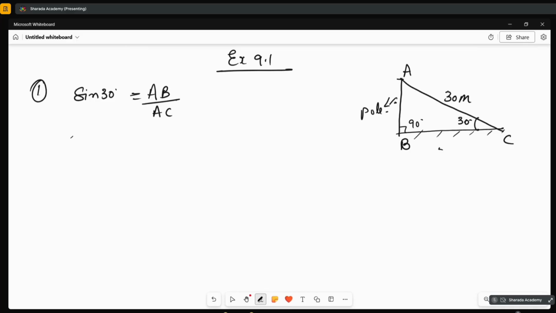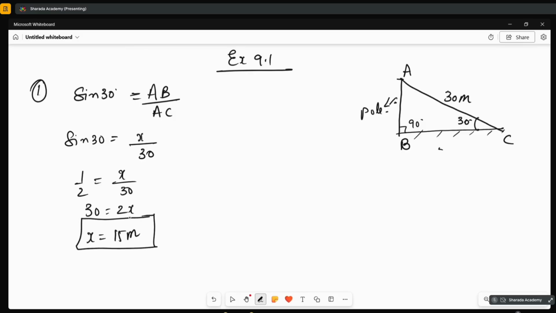So sine 30 degrees is equal to AB, which we don't know, that is x, by AC, 30. What is sine 30 equal to? 1 by 2. So 1 by 2 is equal to x by 30. So you will get x is equal to 15 meters. That is, the height of the pole is 15 meters.